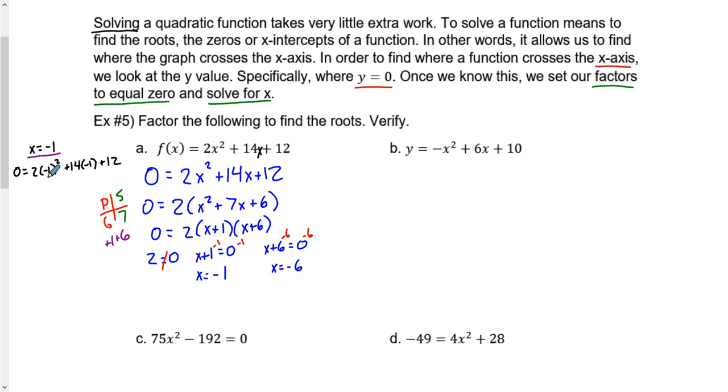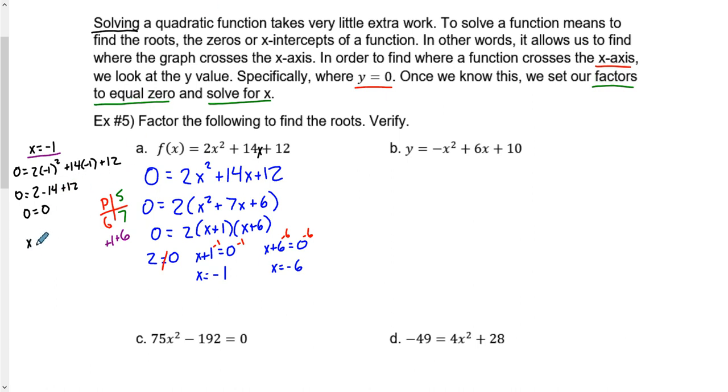And make sure it fully works out. -1 squared is 1, multiplied by 2 is 2. Positive 14 multiplied by -1 is -14. Add the 12. Yeah, 0 equals 0. Because 2 subtract 14, add 12 is 0.